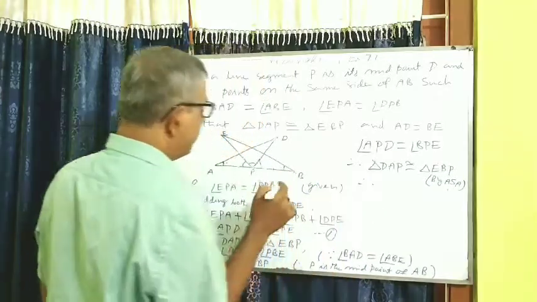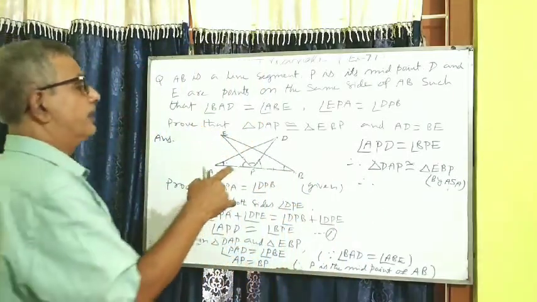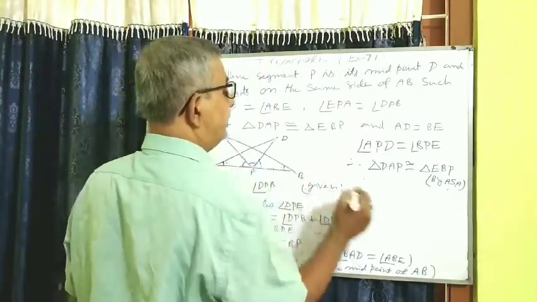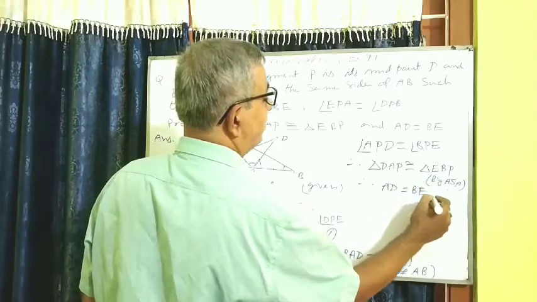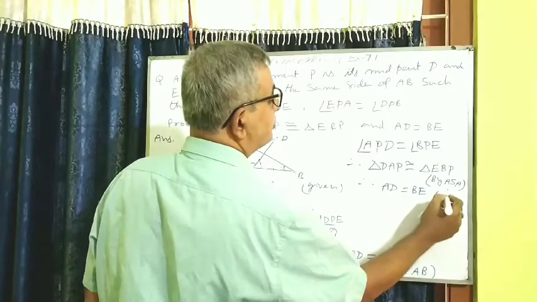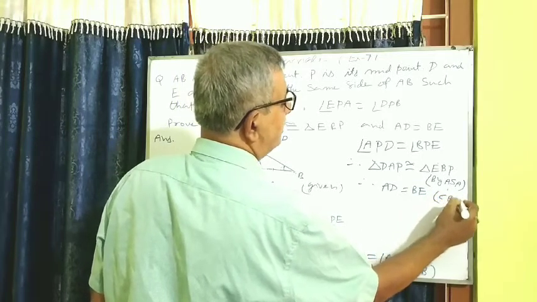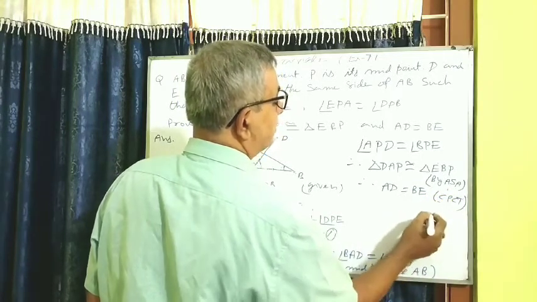If these two triangles are congruent, that means AD is equal to BE. Why is it so? By CPCT. Finished.